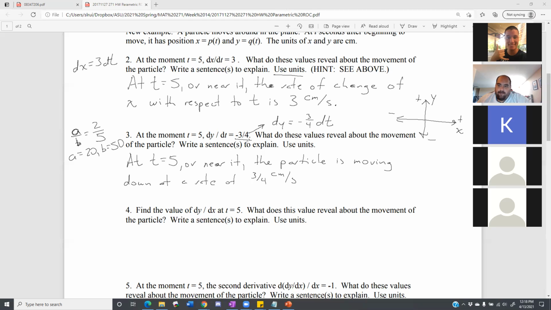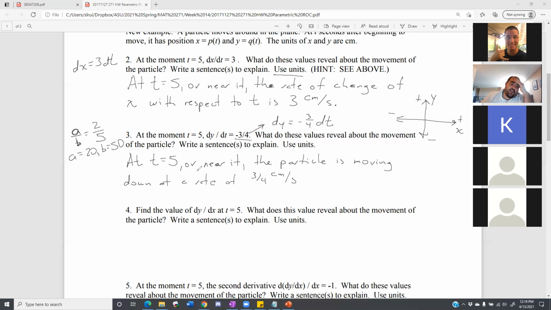So for number 2, we should be saying that it's moving 3 centimeters per second to the right, shouldn't we? Yeah, and that's why I was saying I just worded 2 and 3 differently. I think 2 is a little more mathematically stated, and 3 is a little more plain English. But they're both totally good descriptions. I didn't want to totally mimic what I did for 2, just to give it a different look. Right.